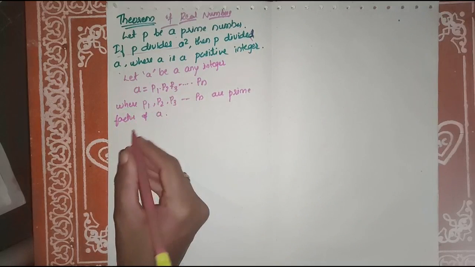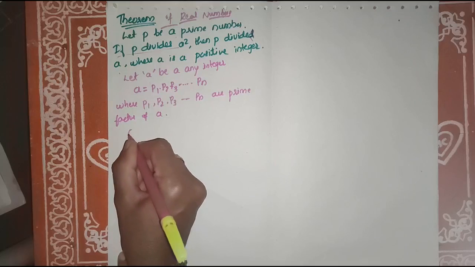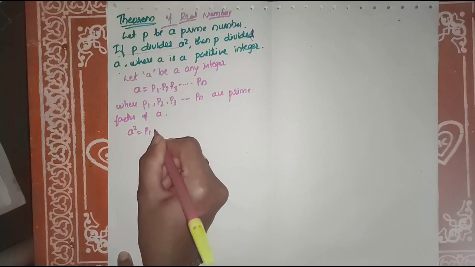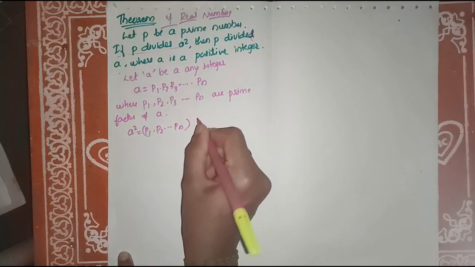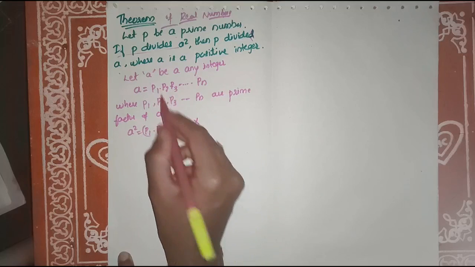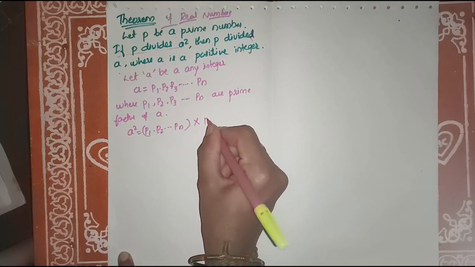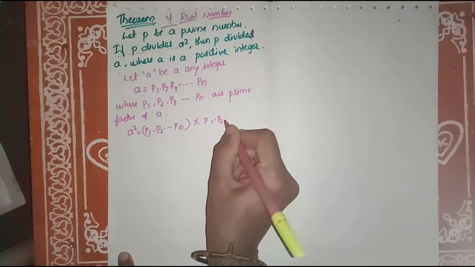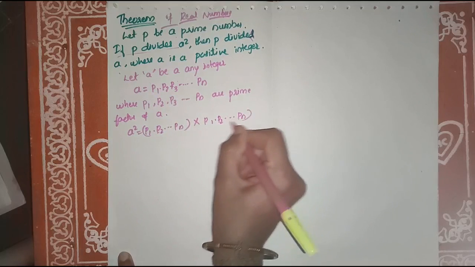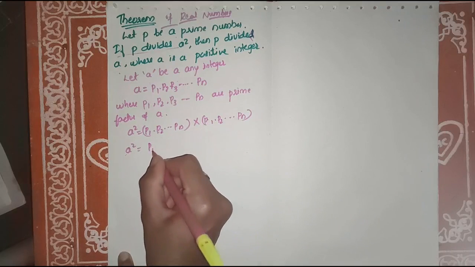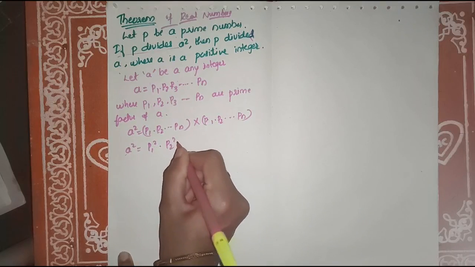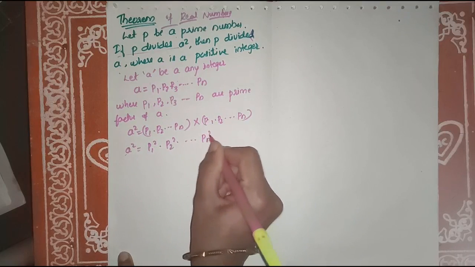Now a square can be written as a into a, which is p1 p2 ... pn into p1 p2 ... pn. So on multiplying, a square is equal to p1 square, p2 square, ... up to pn square.